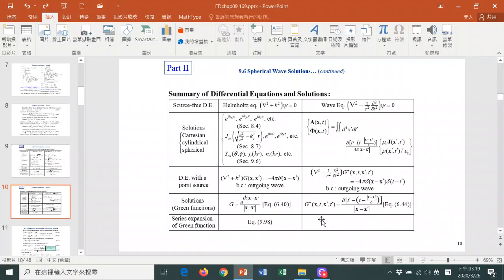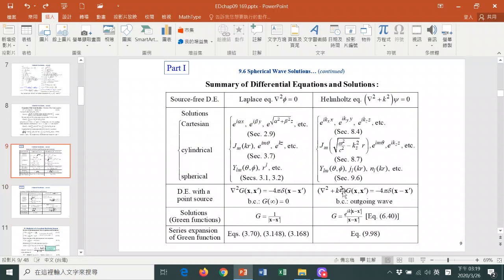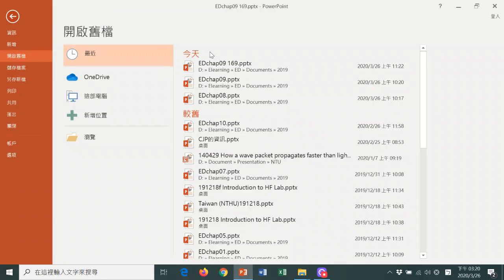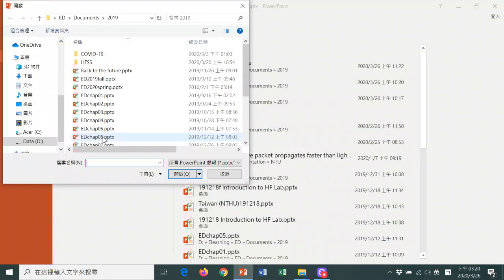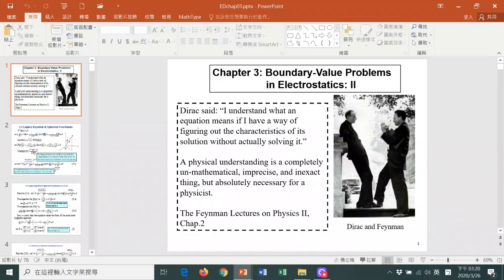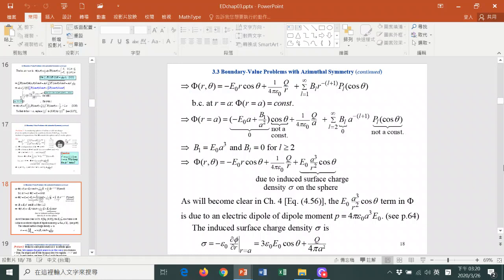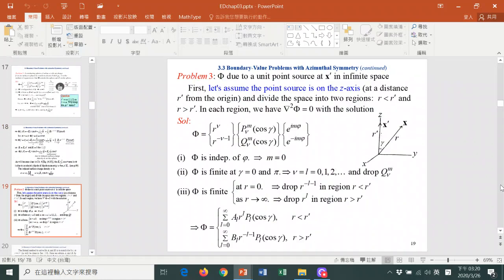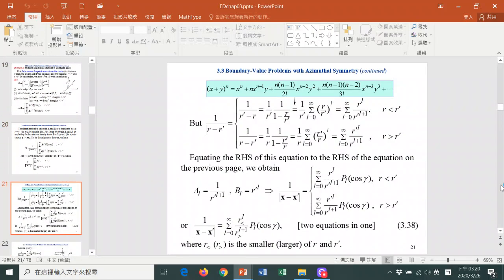Let me quickly go through equation 3.70. Open chapter 3 and 3.70.